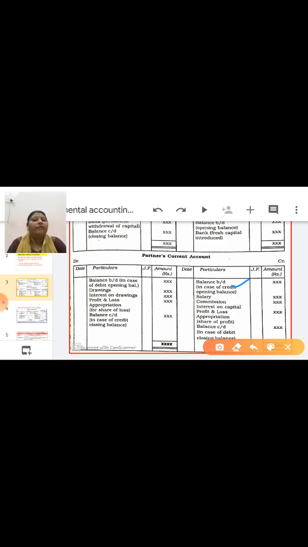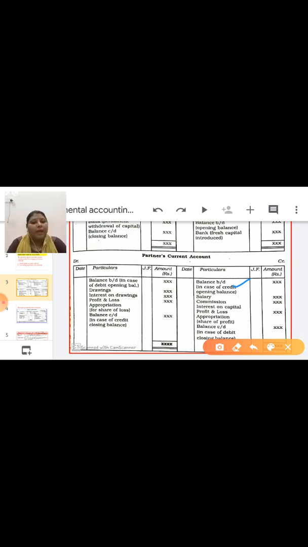And other things from the P&L appropriation account. I have already told you about the format of profit and loss appropriation account in the previous video. So do prepare that account. Do practice of the format, and do questions of profit and loss appropriation account.